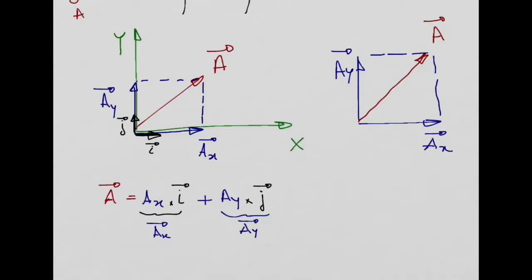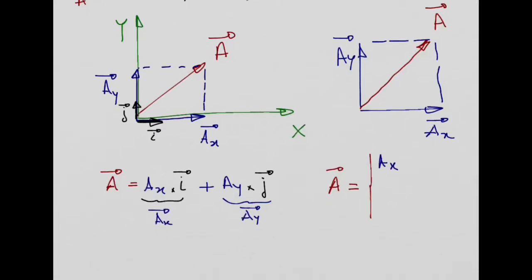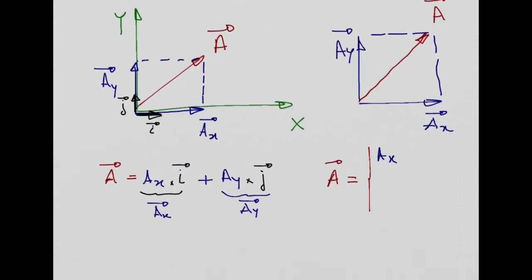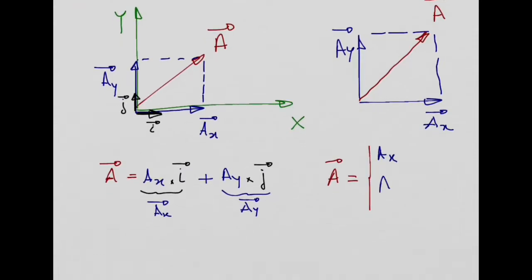There is also an alternative way of representing this, which I tend to use more, which is I can say that my vector A is going to be represented by my X component, AX, and by my Y component, AY. Okay?